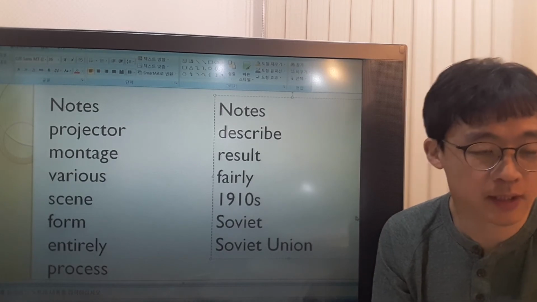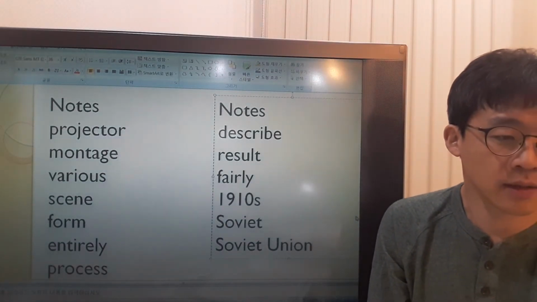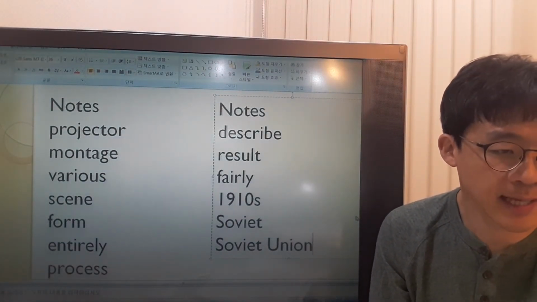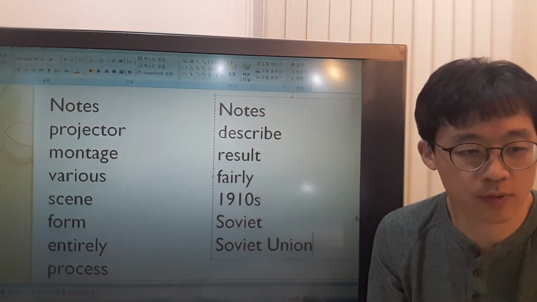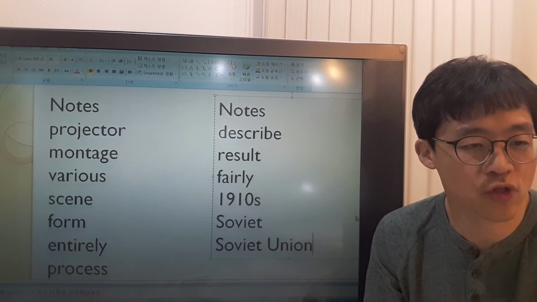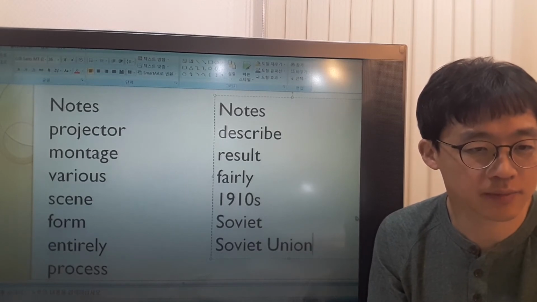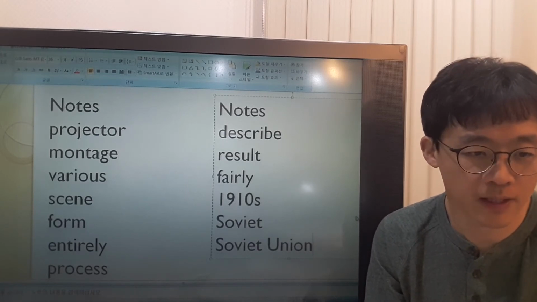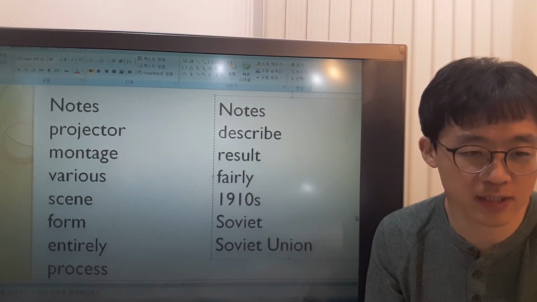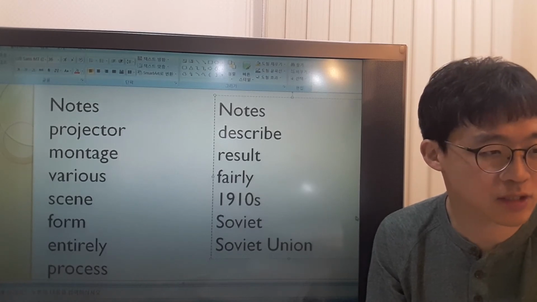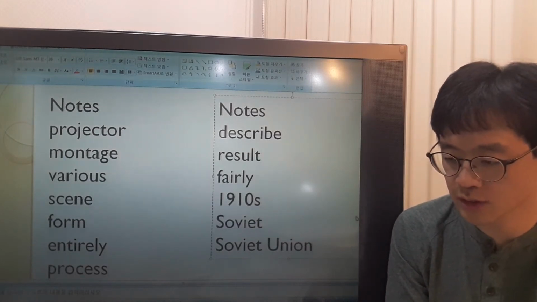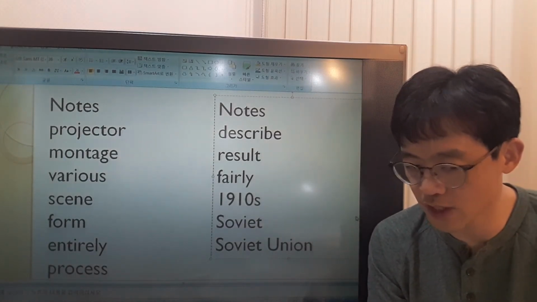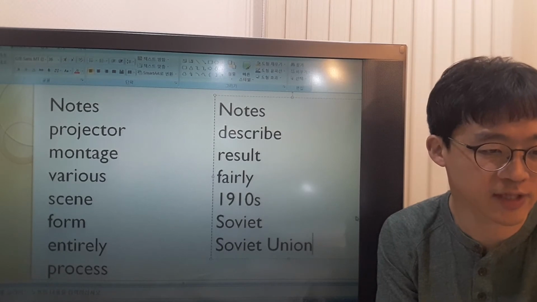Federal republic, in Eastern Europe and the Central and North Asian area. It was the biggest country at that time, and 1/7 of the total land surface of the earth was covered by this country.